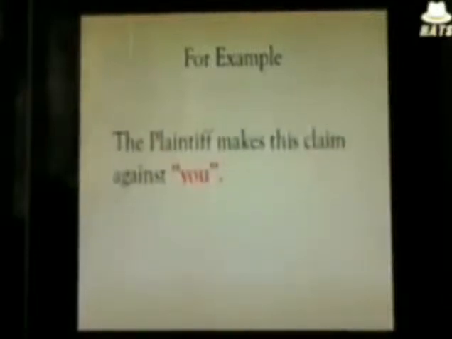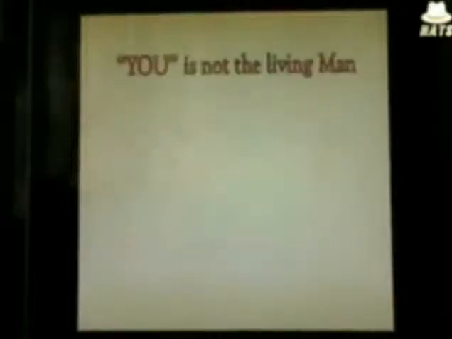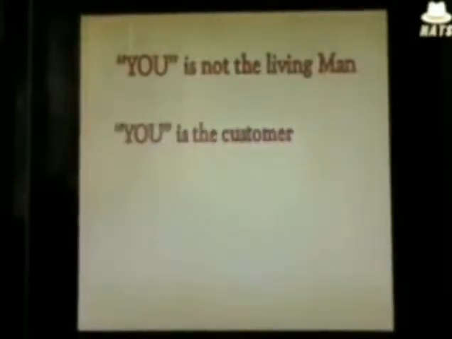For example, the plaintiff makes this claim against you. You are the defendant. They can never put the real person there. The only way that this happens is that you accept that you are the living man, and then they have joinder.